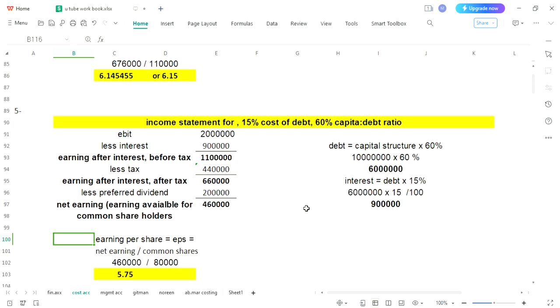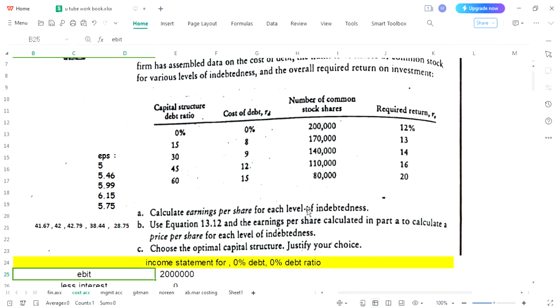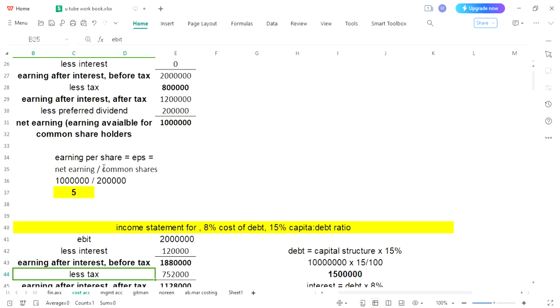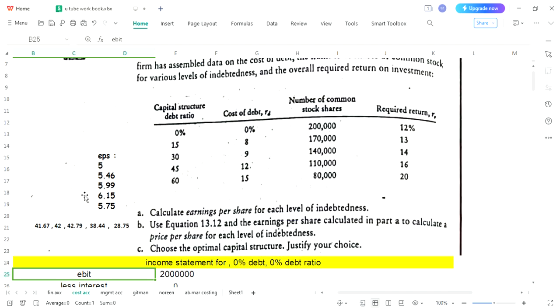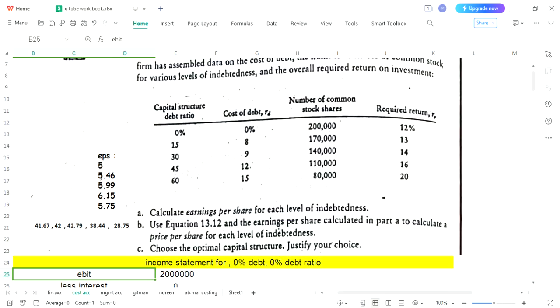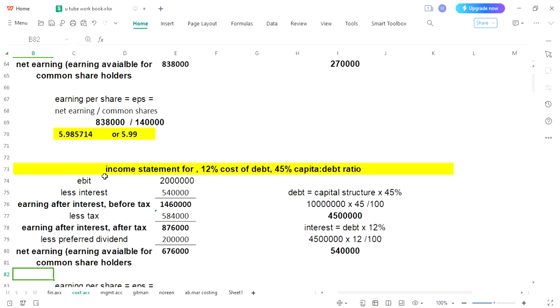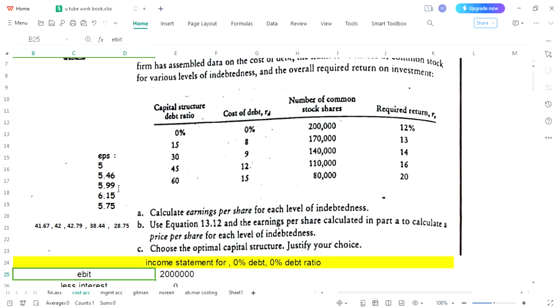Let's get back to the question. We were having how many parts? Three parts, and all parts are completed. Earning per share was over here. First income statement it was 5, and 5 is present over here. For second income statement it was 5.46. For third income statement it was 5.99.